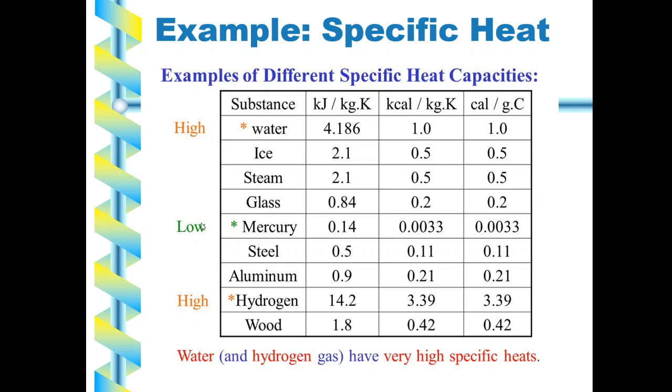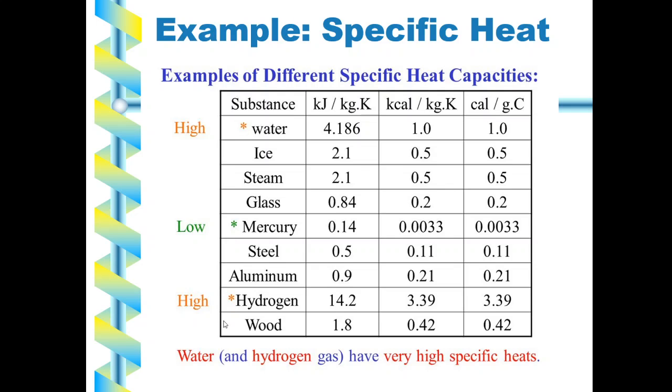And then we have, again, some low specific heat capacities, which means they heat up super, super fast, okay? Which means there's mercury, which is why we used it in measuring temperature in thermometers, okay? Steel, if you put steel out, gets hot super fast, and aluminum, okay?